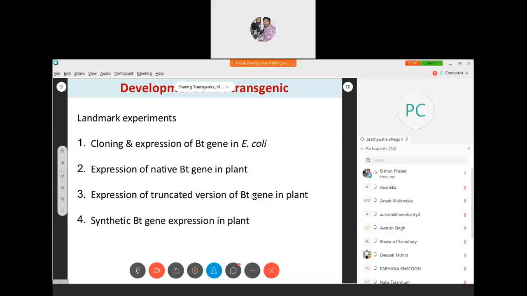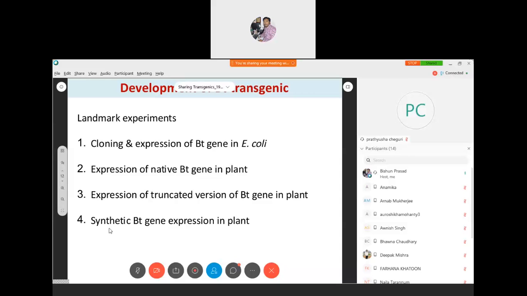Then we can also make synthetic Bt genes for better expression in the plant, because whenever you express any bacterial gene in the plant system, sometimes you face problems with its expression. If the expression is not much, then you may not get the same kind of efficacy against the pest.